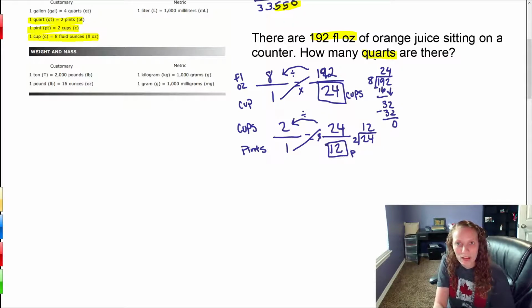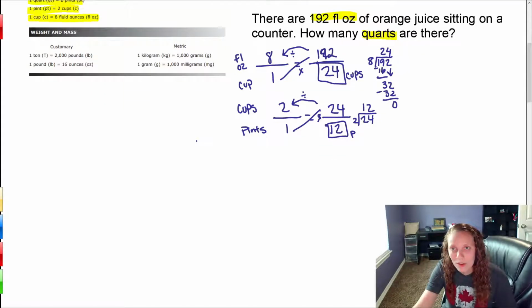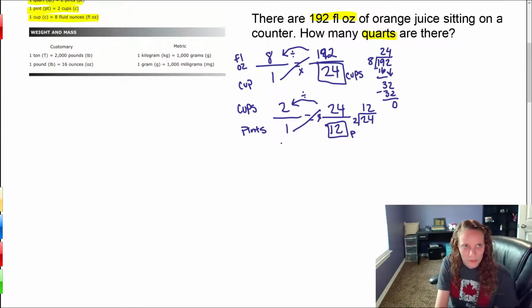It's still not matching what the question is asking for. So now let's look at our conversion chart, and we can go from pints to quarts. This next step will be the last one we need to do. Let's set up another proportion with pints and quarts.